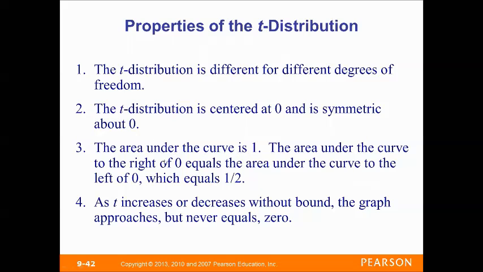Because it's symmetric about 0, half of the area will lie to the left and half to the right. And just as with the normal curve, I will always have a positive probability, but the further out I go, the smaller that probability gets. It will get smaller and smaller, but it will never actually touch the axis.